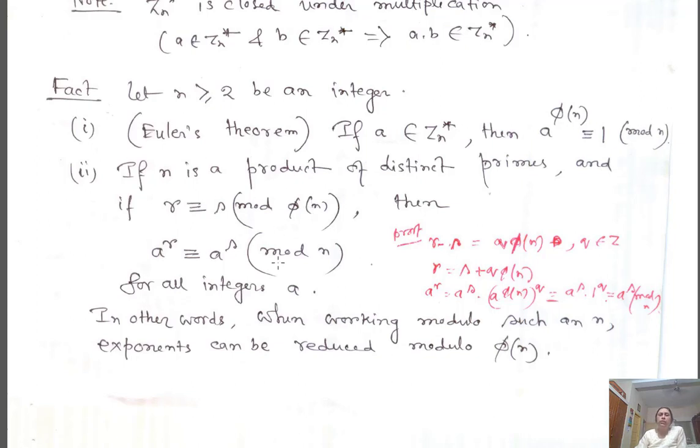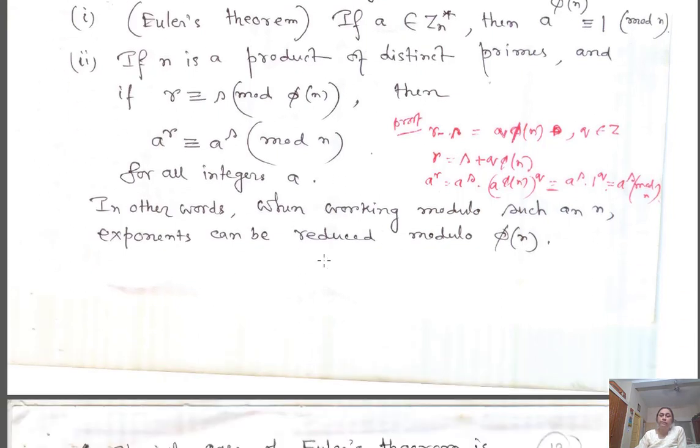Try to prove this on your own. When working modulo such an n, which is a product of distinct primes, maybe a product of two primes, exponents can be reduced modulo phi n.